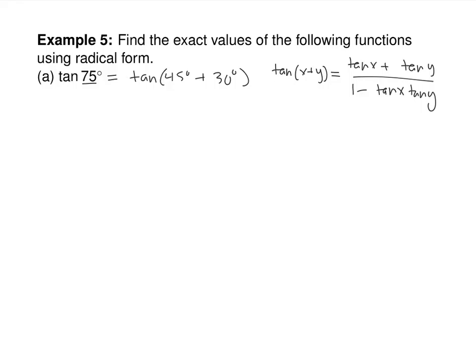What's going to go in for x? And what's going to go in for y? 30. So that will be tangent of 45 plus tangent of 30 over 1 minus tan 45 times tan 30.